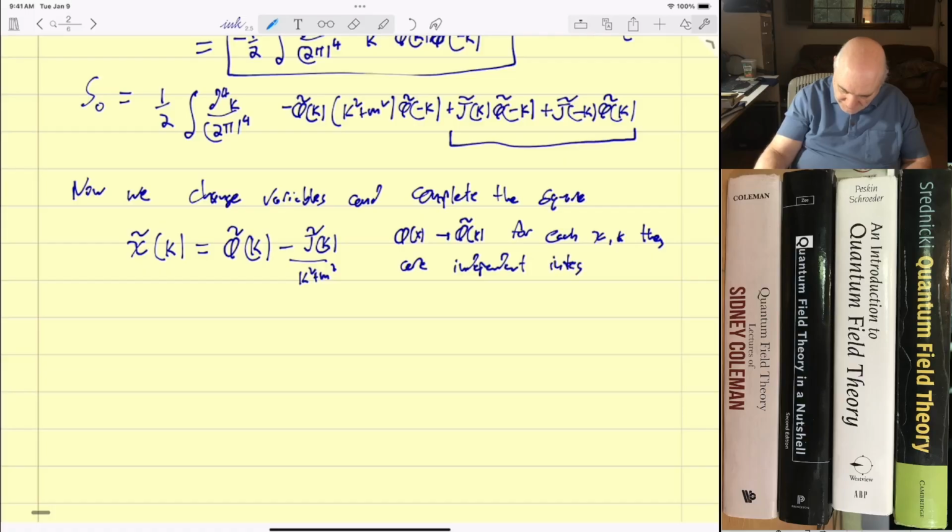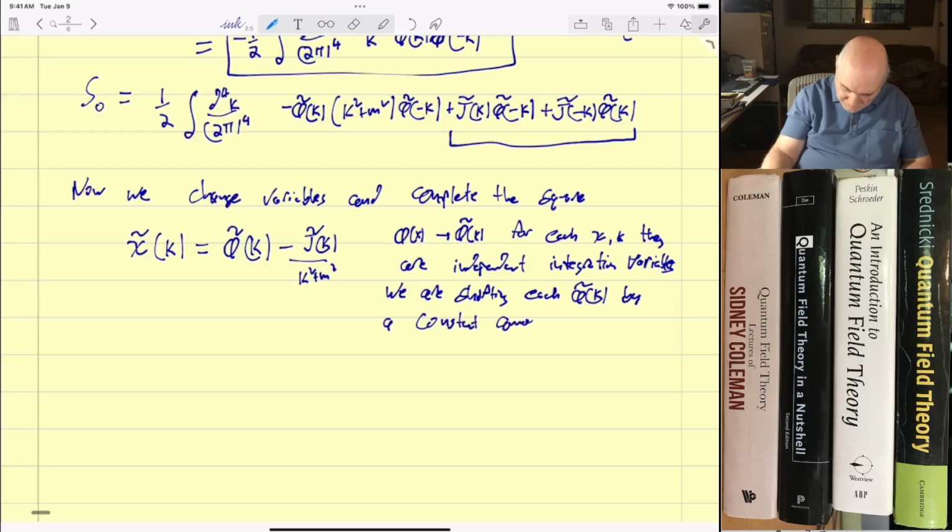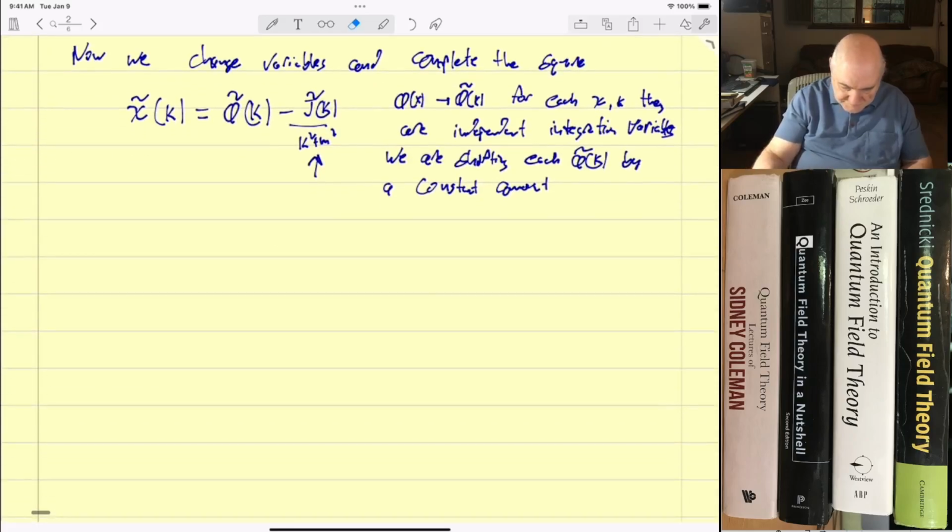integration variables. So we are shifting each phi tilde k by a constant amount, which is this.